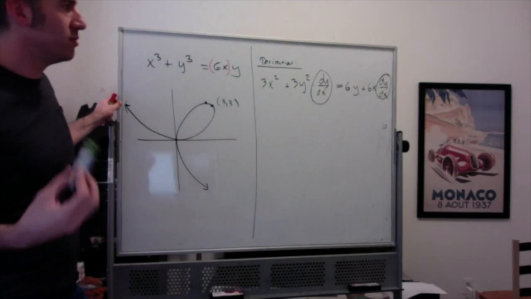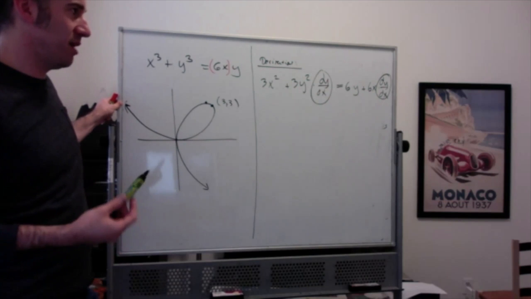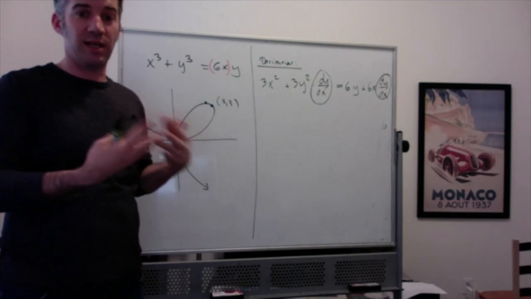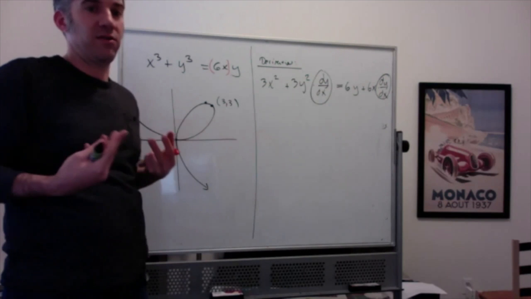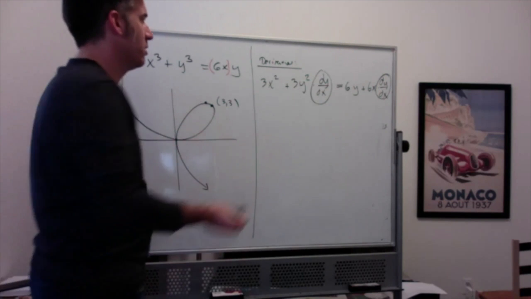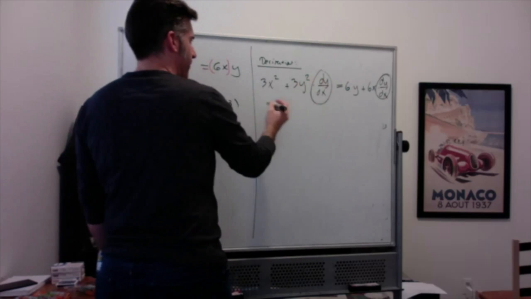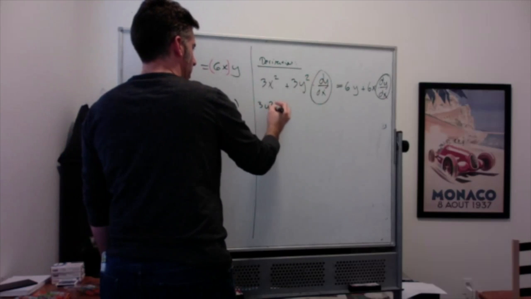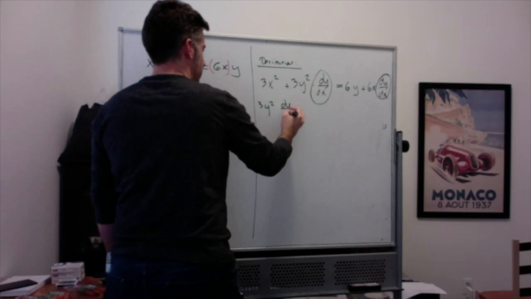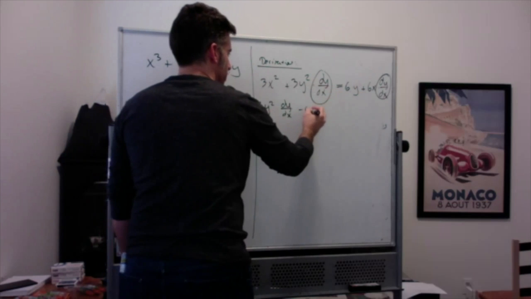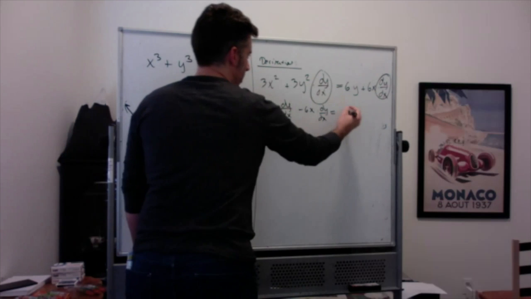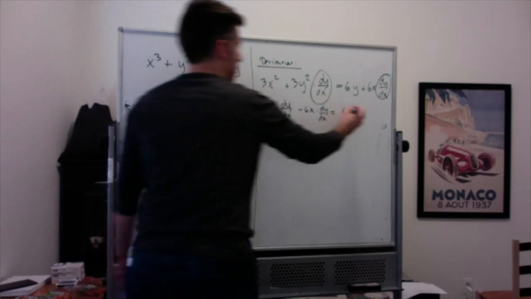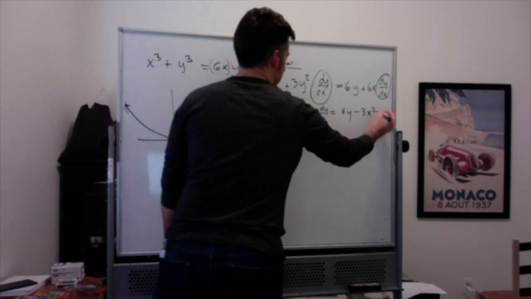So the process here is almost always the same. We're always going to bring all the dy dx's or y primes to one side and all the other terms to the other side, factor it out, and divide by what's left over. So here, let's bring it all to the left. I've got 3y squared dy dx minus 6x times dy dx equal to 6y minus 3x squared.